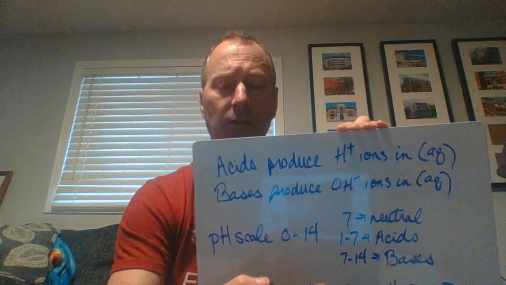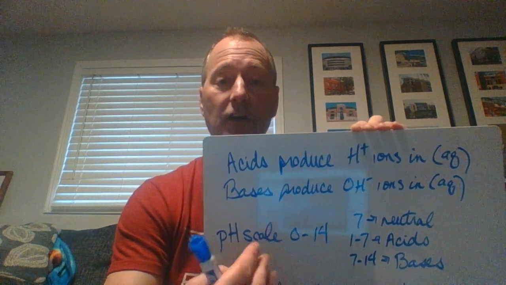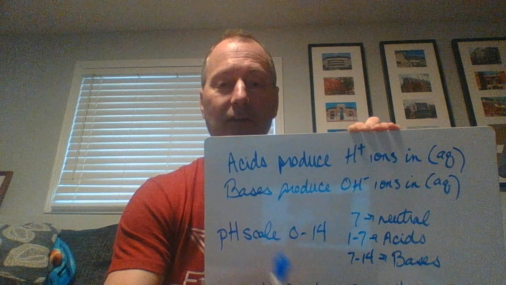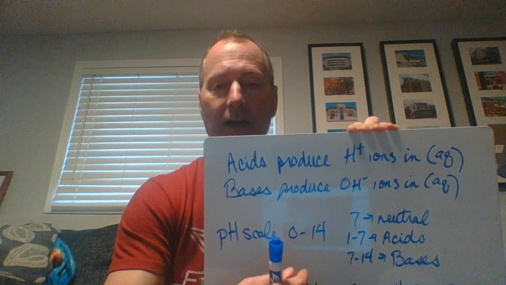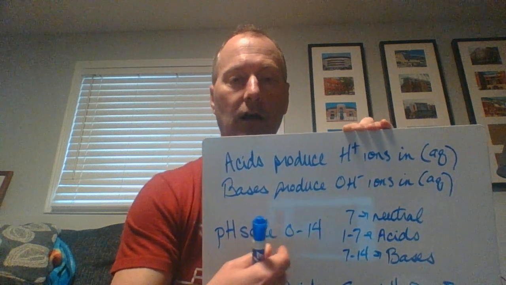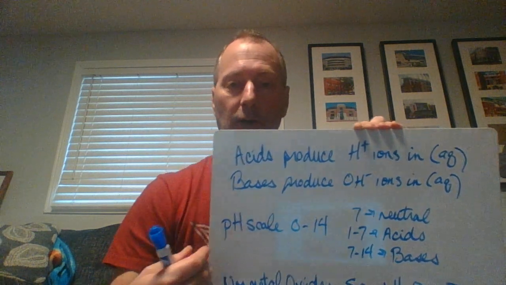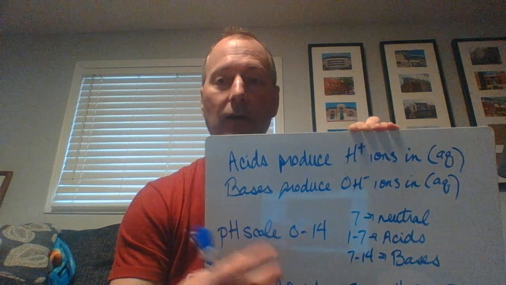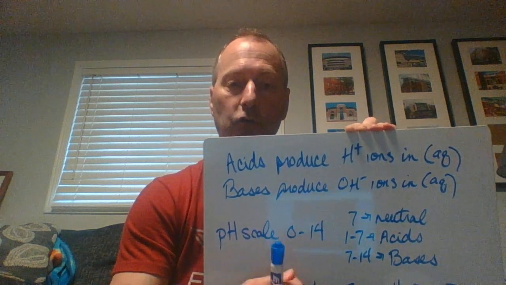Now here's where it's a little bit different. You can't really think of the pH scale as a number line, because yes, 7 is in the middle, but that would mean that if we move forward, it gets stronger, and as we go backward, it gets weaker. That's not the case. 7 is neutral in the middle.